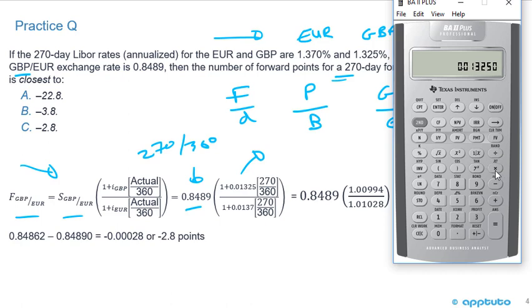Then I'm going to multiply that by 270 divided by my 360, and I'm going to add my 1, and you can see I'm getting 1.009938, okay? With a few more decimals, or 1.00994, okay?